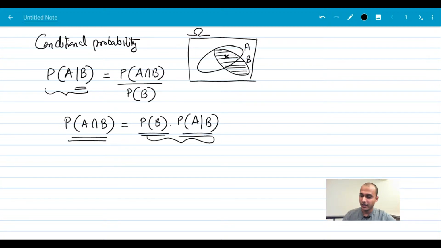But the interesting extension to this is that if you think of three events, for example A1 intersection A2 intersection A3, then you can actually split this down in multiple ways.